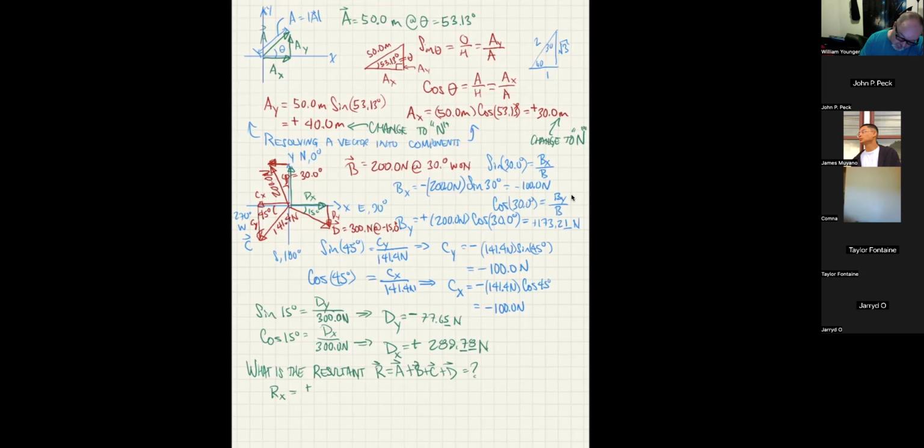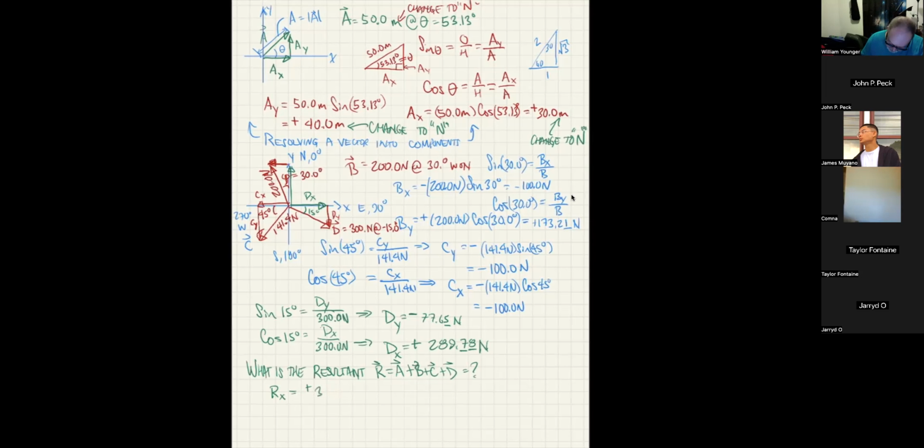I'm going to say change to newtons as well. So I know that the X component of the A vector was A sub X, and we called it positive. So it's positive 30.0. Ooh, I don't want to use those colors.